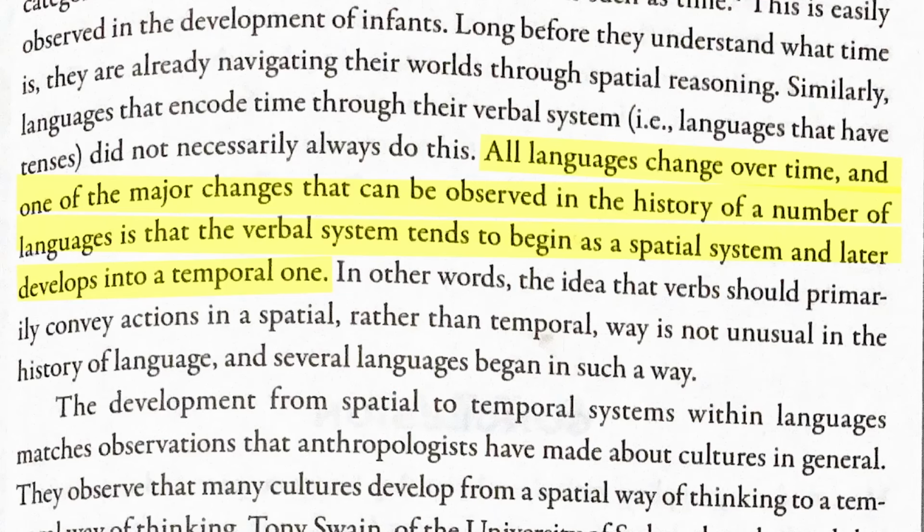Second, Campbell makes a diachronic claim that verbal systems tend to change from spatial to temporal categories. He says, all languages change over time, and one of the major changes that can be observed in the history of a number of languages is that the verbal system tends to begin as a spatial system and later develops into a temporal one.